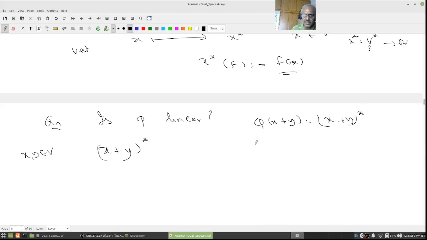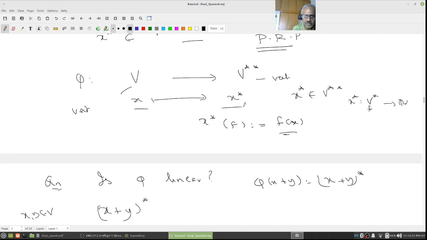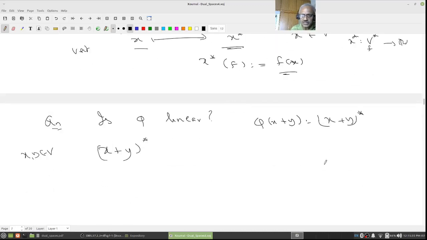Remember, that's the definition. I want to check whether it is x star plus y star, which would be phi of x plus phi of y. You understand this? I have to check this thing.